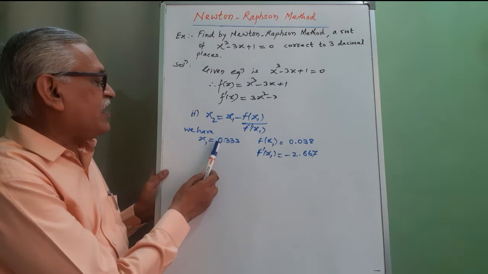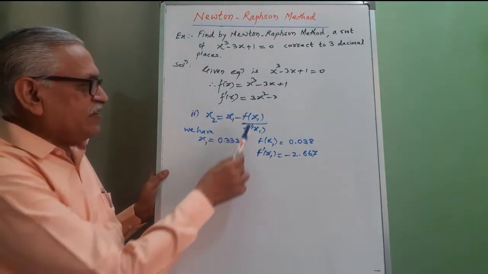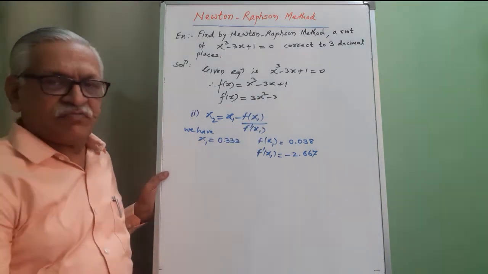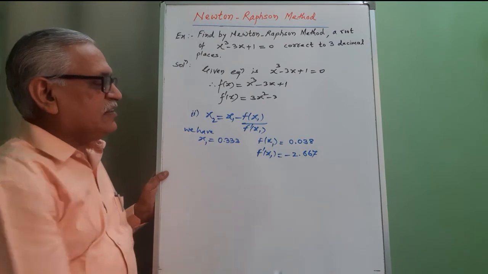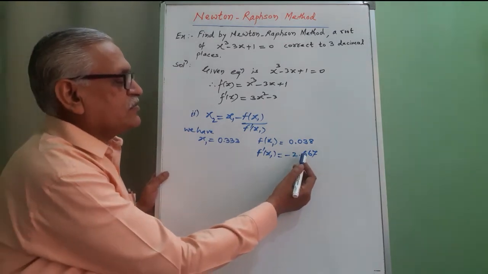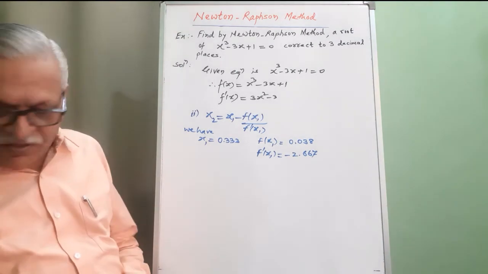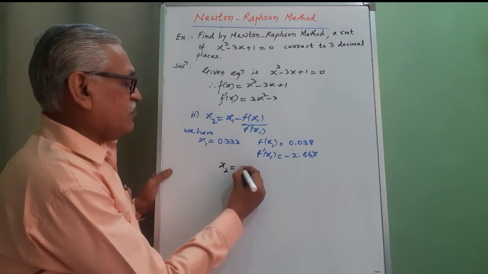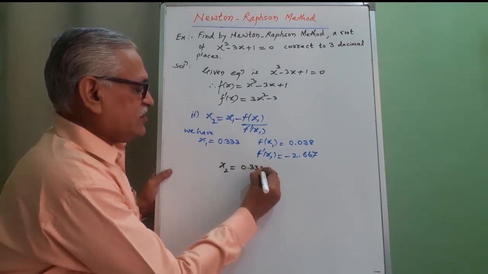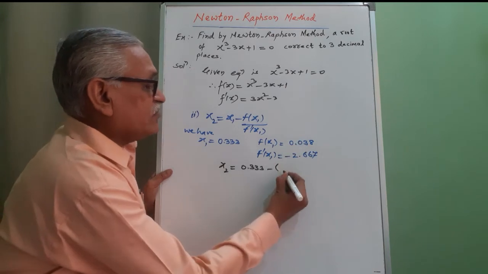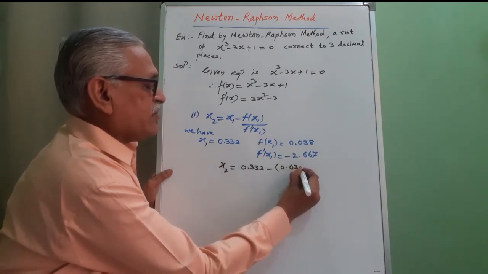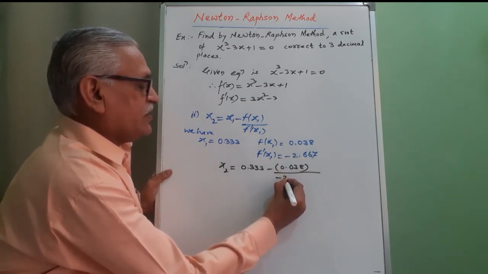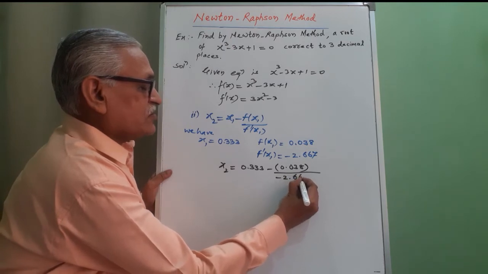Then substituting that x to get f dash of x1 as 3 into 0.333 square minus 3, and by calculator its value is minus 2.667.